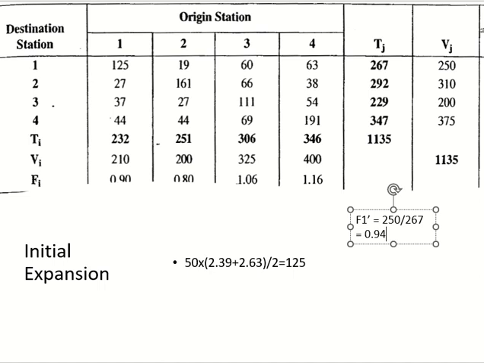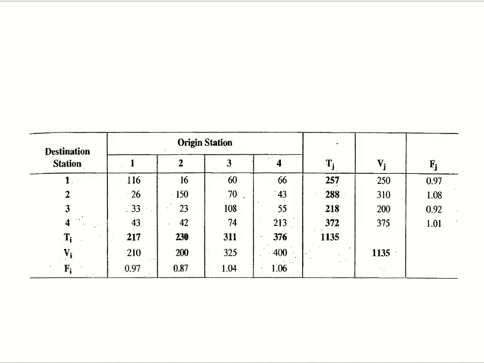For example, 125 multiplied by what? 11.9 plus 11. You take the values from here and you take the new factors. Clear? And again, you will do this for the entire matrix. The entire matrix will change, and this is the new matrix now.